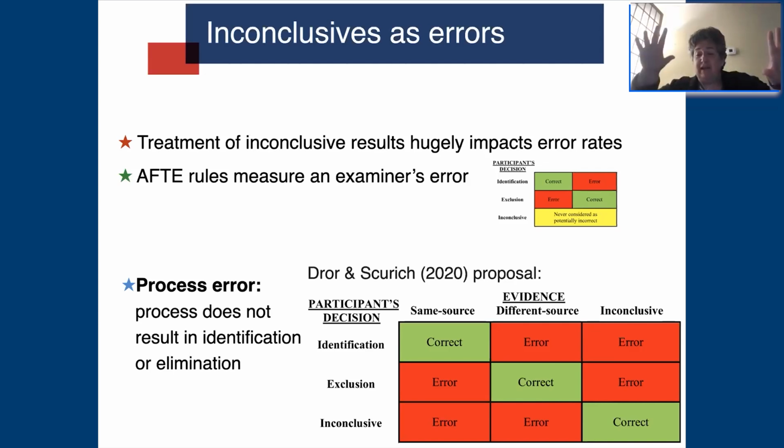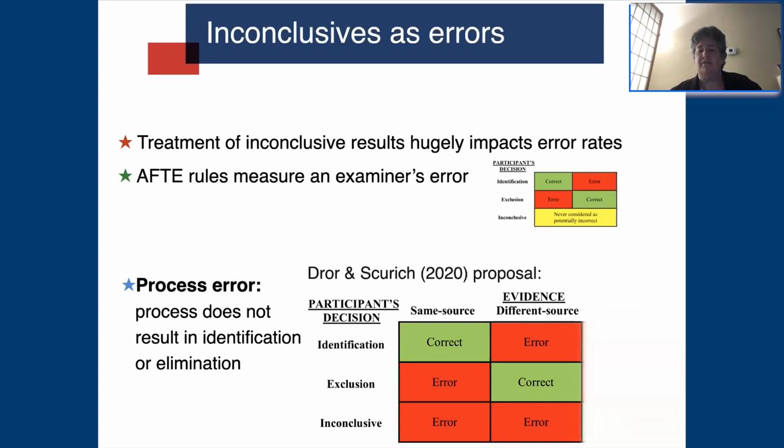So now we've got a 3x3 matrix, and we know exactly what we need to do. We put all of the correct decisions on the diagonal, and everything that's off the diagonal is an error. And then we remove the inconclusive category because we don't know how to prepare evidence that is inconclusive.